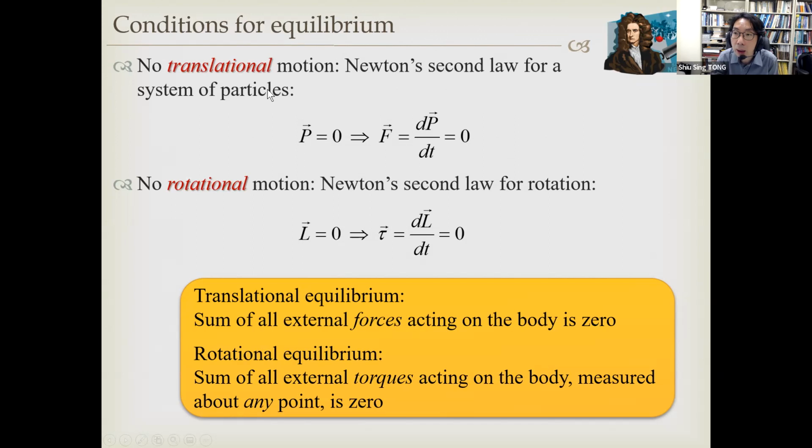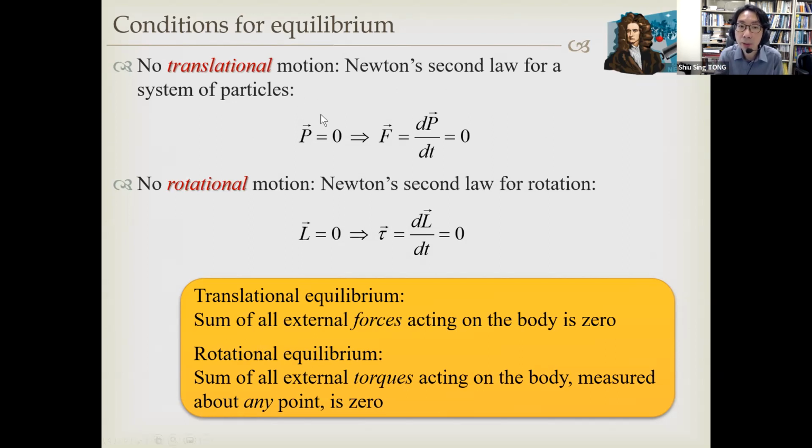Whenever you see an object that is not moving translationally, what I mean by moving translationally is the position of the center of mass. If you find that the object has the position of its center of mass fixed at rest, then the object is not moving translationally.